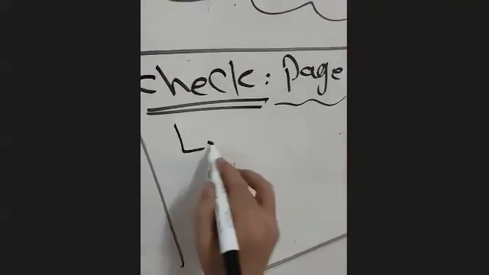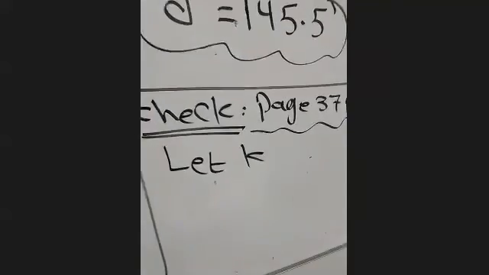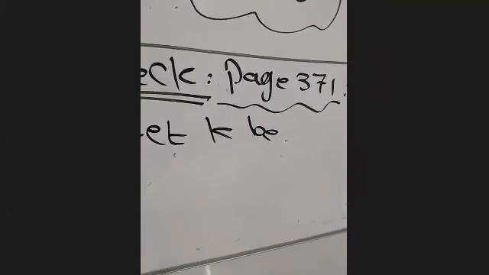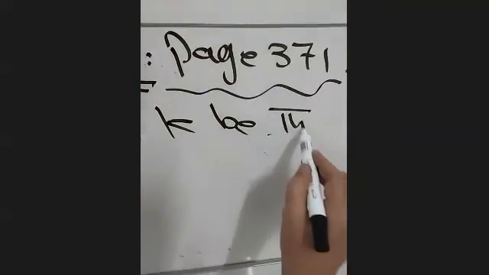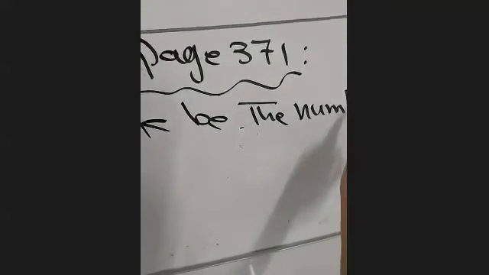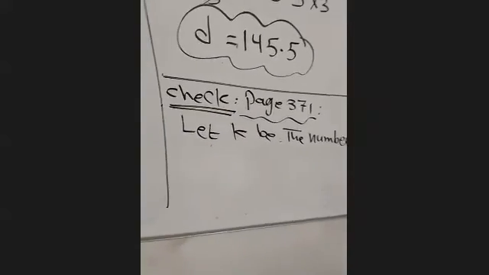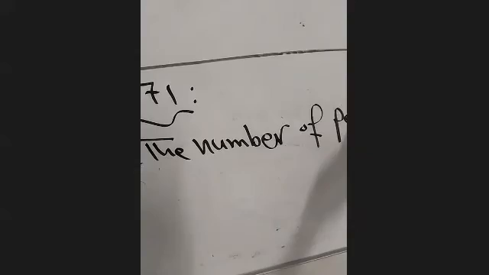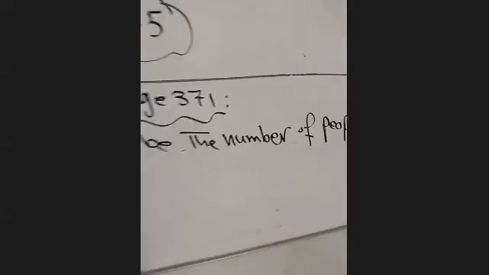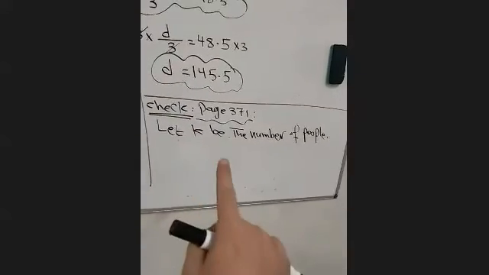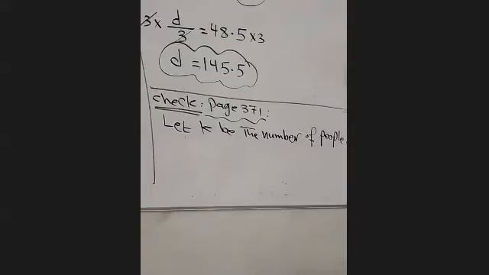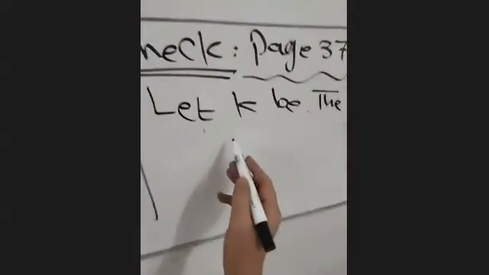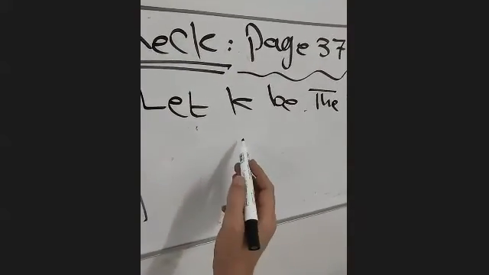So let K be the number of people. Good. Now, what's the total of the money? 16.50.